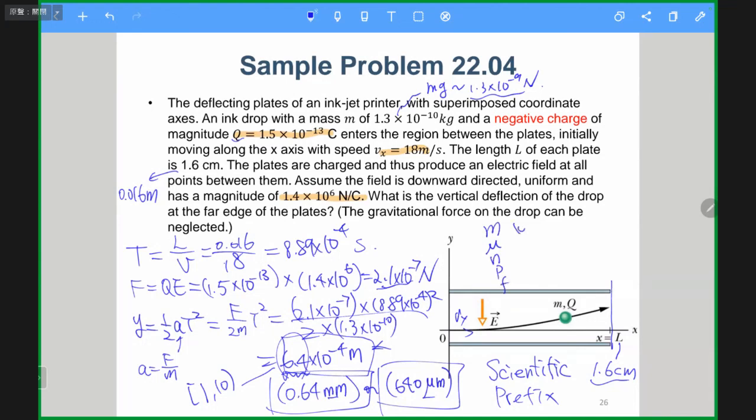This is 10 to minus 3, 10 to minus 6, 10 to minus 9, 10 to minus 12, and 10 to minus 15. So I suppose you should remember these few. And of course for kilo, mega, and giga, I suppose you already know them well. Okay, so let's stop here today.